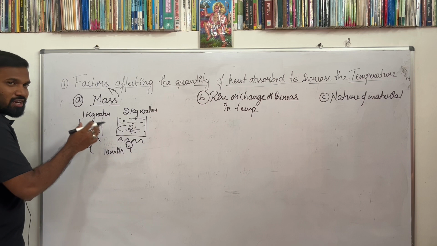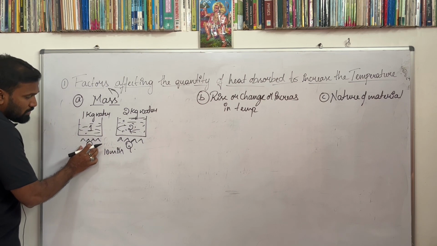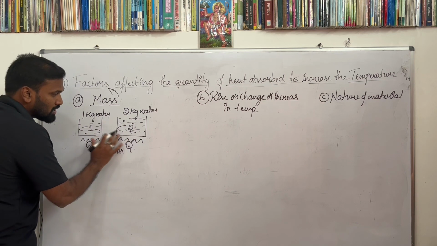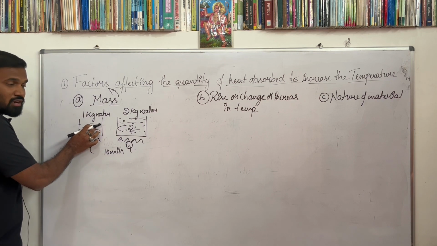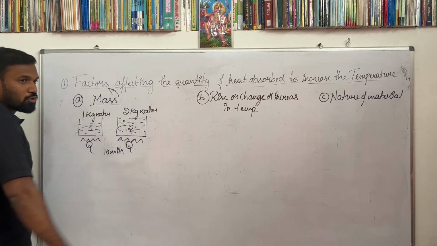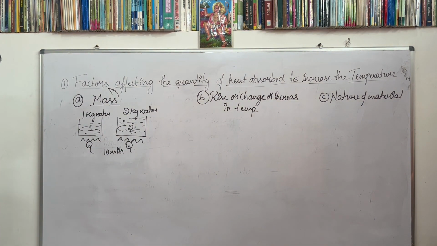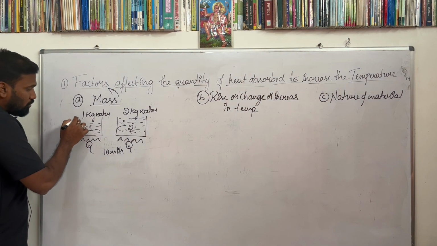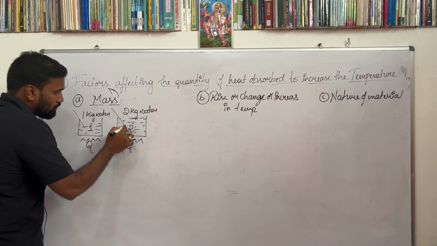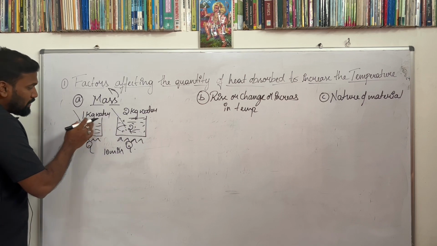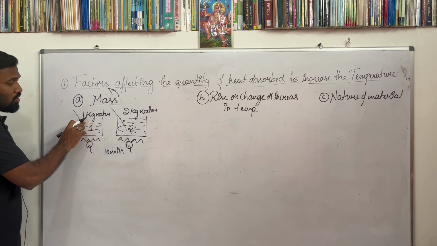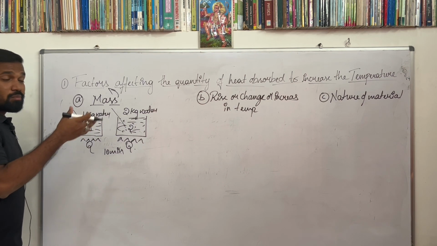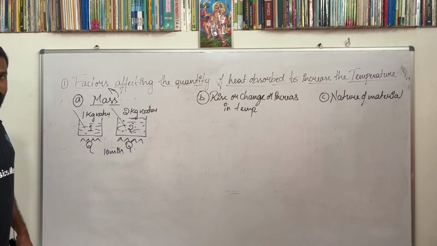Try to understand, and you can imagine this also. If I put the fire for 10 minutes for both beakers, 1 kg of water in beaker 1 and 2 kg of water in beaker 2, and then look at the temperature with a thermometer, the temperature of the 1 kg of water will be more than that of the 2 kg of water.